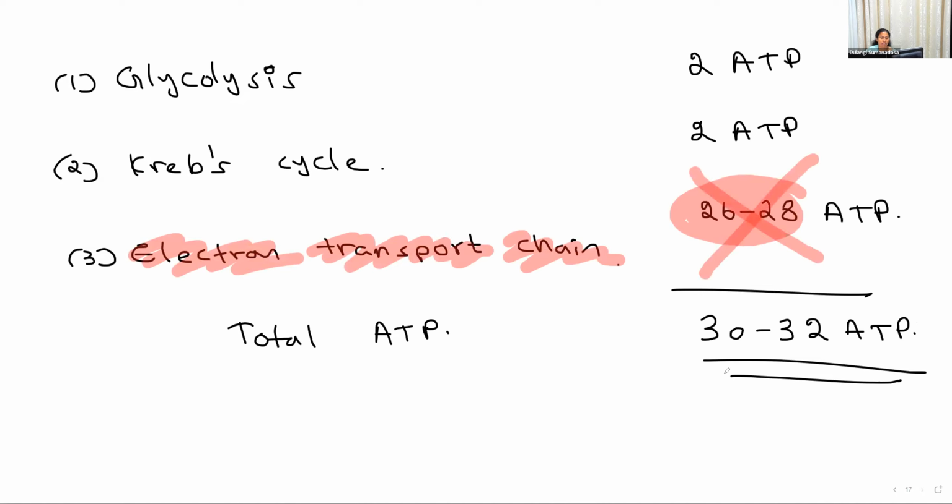If something happened to this amount, the cell is going to die. I want you to go with the numbers. Don't say the electron transport chain produces a big number of ATP. Without saying a big number, just give the number, right? The electron transport chain is very important because it produces 26 to 28 ATP compared to glycolysis 2 or Krebs cycle 2.